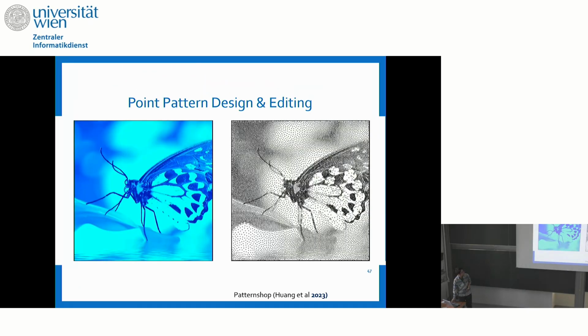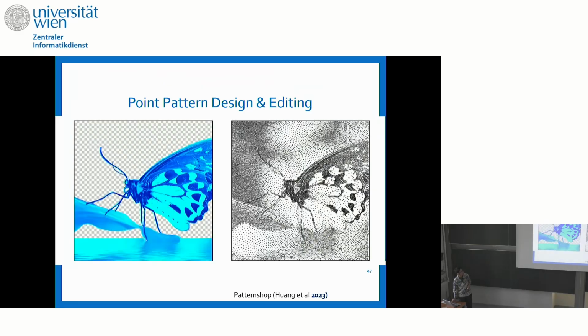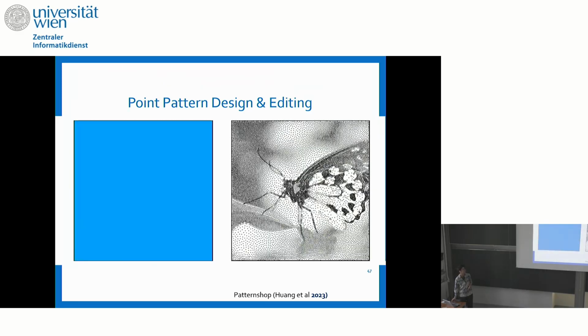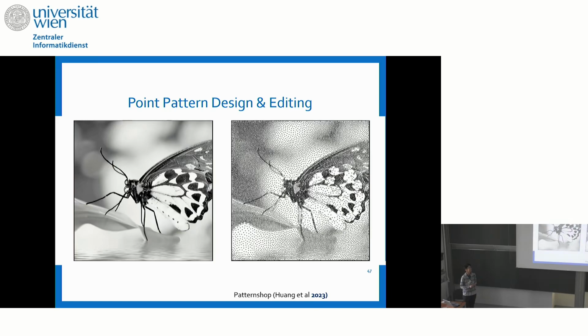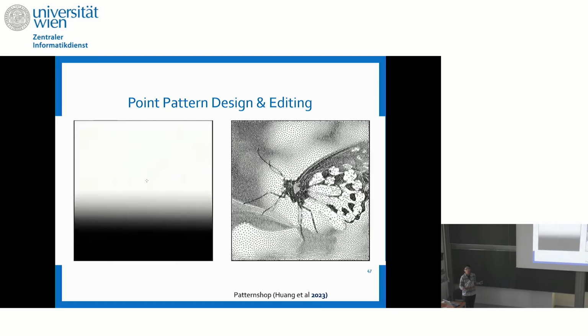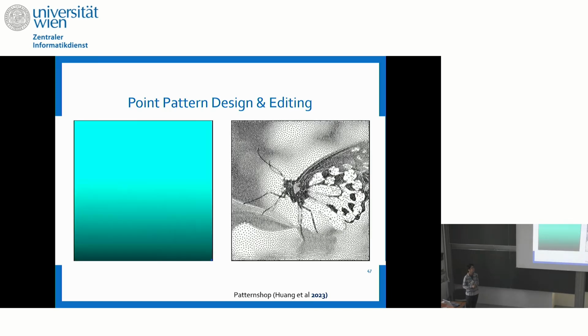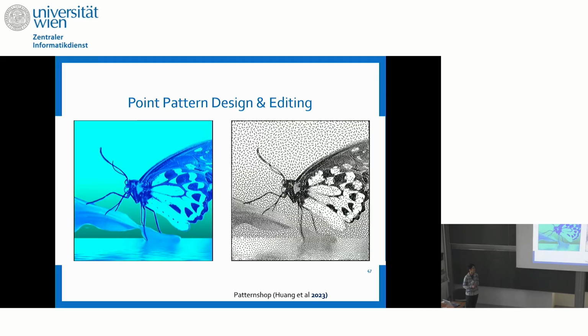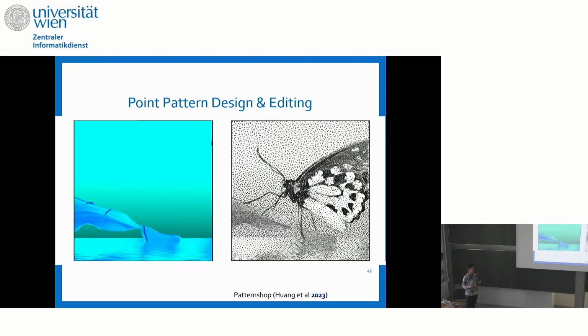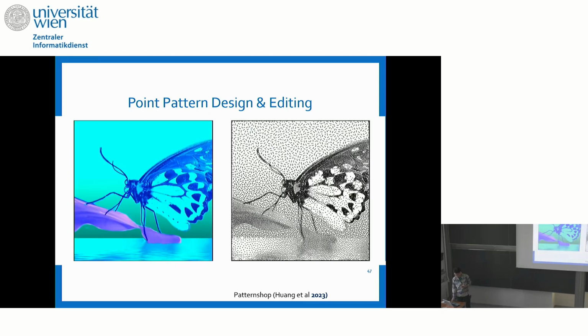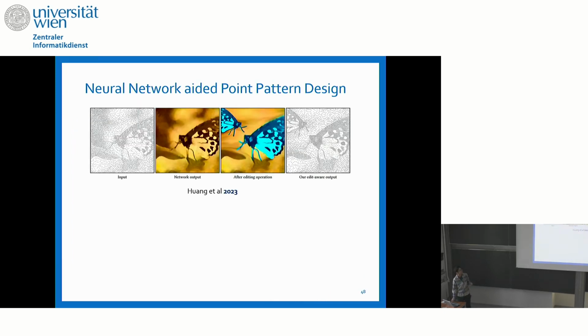So I don't know if the video is working. I hope yes. It shows how easy the addition of point patterns would be in this case, because you're just editing the corresponding image using, for example, Photoshop tools. And I will skip it. This is the kind of edit that you can do using that.